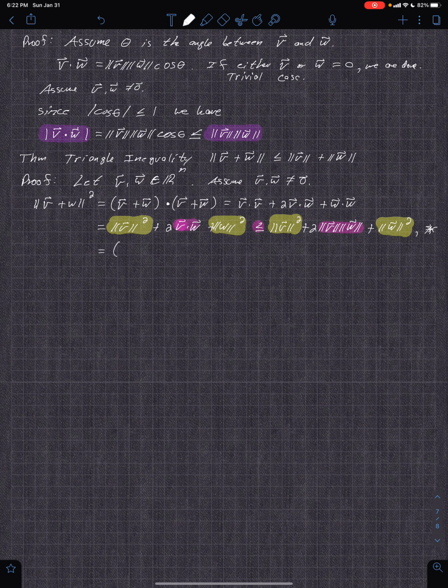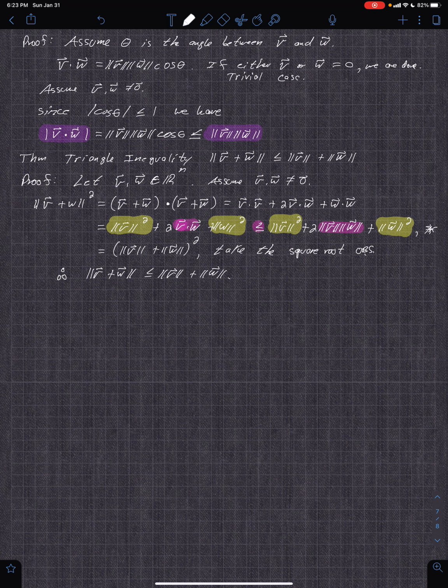That will factor to magnitude V plus magnitude W quantity squared. And then all you have to do is take the square root of both sides. And you have the triangle inequality. So therefore, magnitude V plus W is less than or equal to magnitude V plus magnitude W.